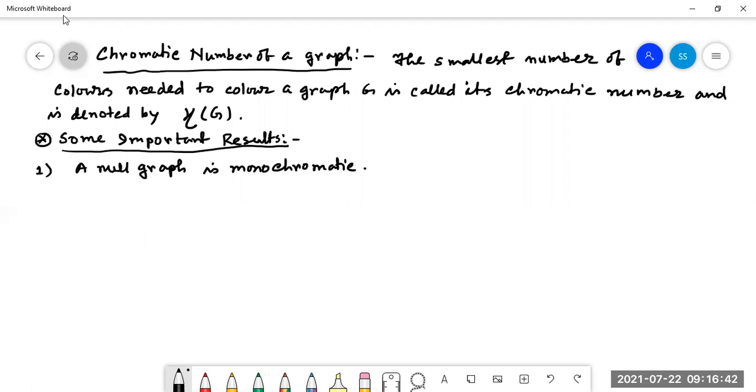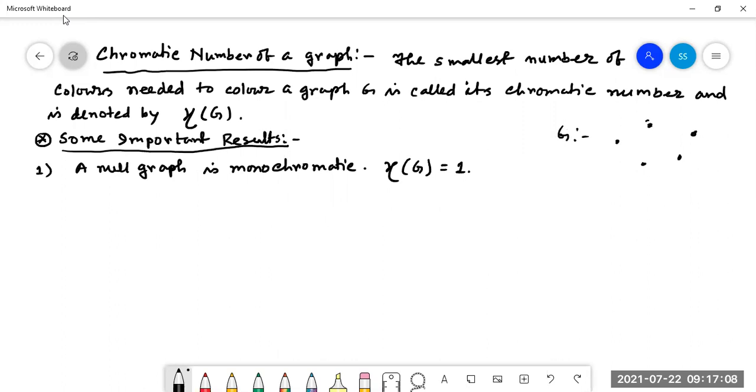What is a null graph? Null graph means a graph having no edge. That means the graph has all isolated vertices, like this. This is an isolated vertex. This is the graph G, a null graph.